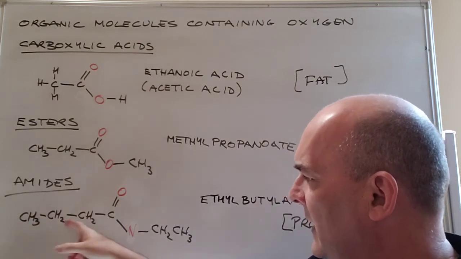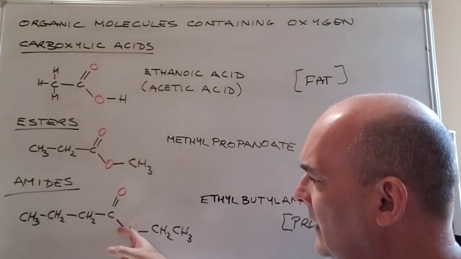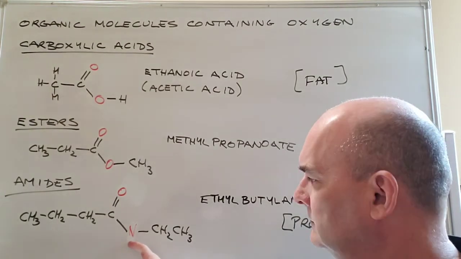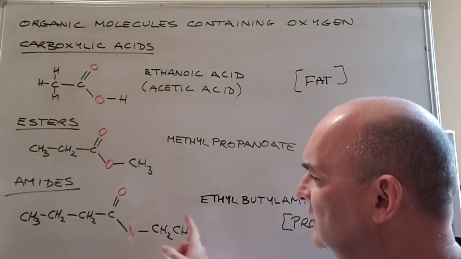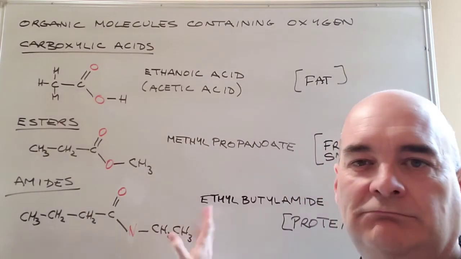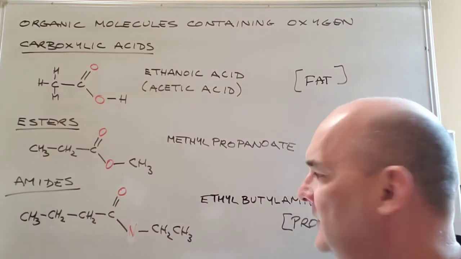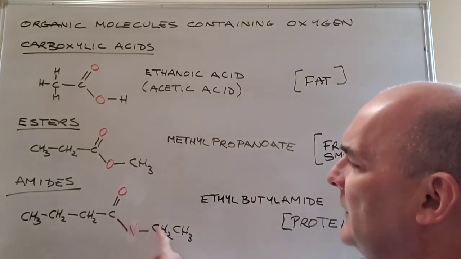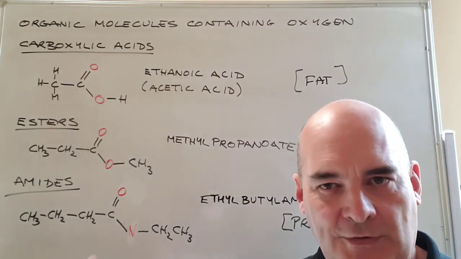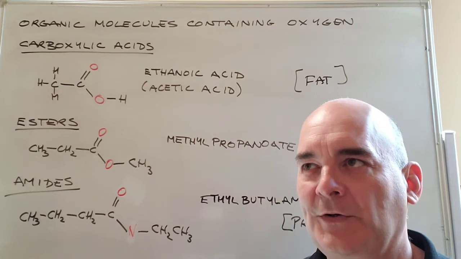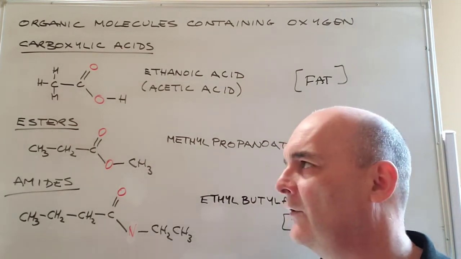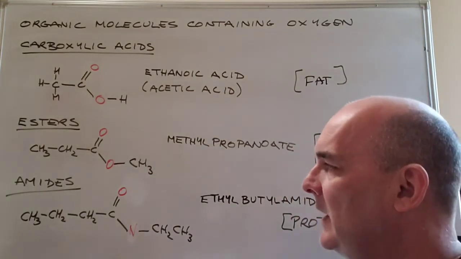Amides, same thing: a chain, a carbonyl, a bond to an electronegative atom. And sometimes the amides have a hydrogen here and sometimes they have a carbon. It depends. These are the building blocks of proteins. If we take an amine, which I'll do in just a second, and a carboxylic acid, and you cross-link them, you bond them to one another, then you make amides.